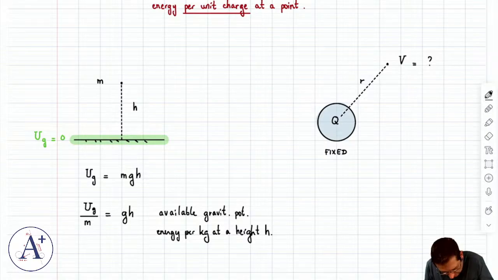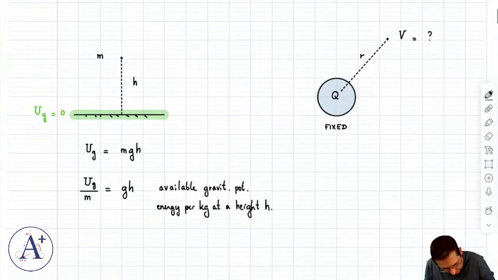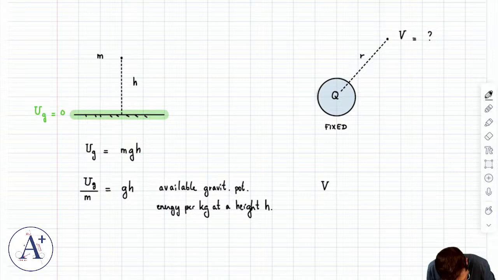So, let's try to make the parallel here. V equals question mark, because the goal of this chapter is to figure out what V is and how we compute V, which we'll get to.